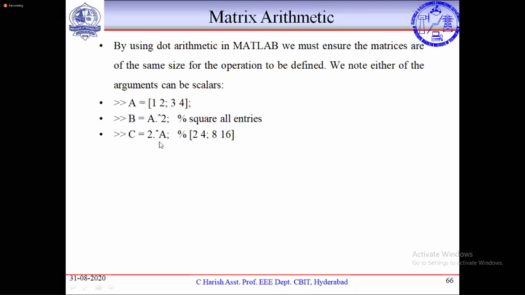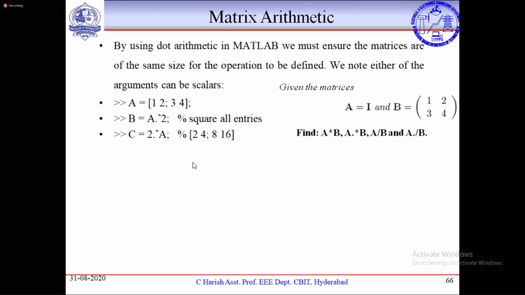So 2 power 1, 2 square, 2 cube, 2 power 4. 2 power 1 is 2, 2 square is 4, 2 cube is 8, 2 power 4 is 16. When you have these types of commands, please be careful when writing the answer.